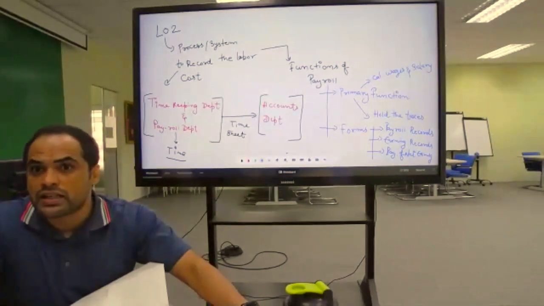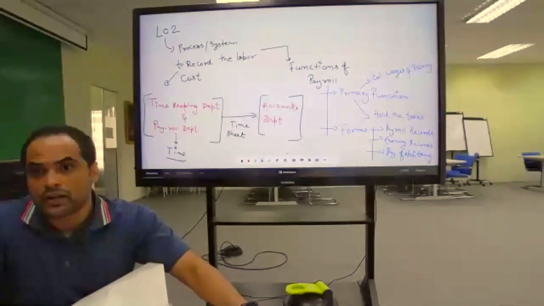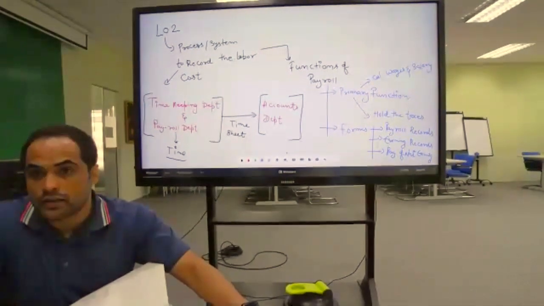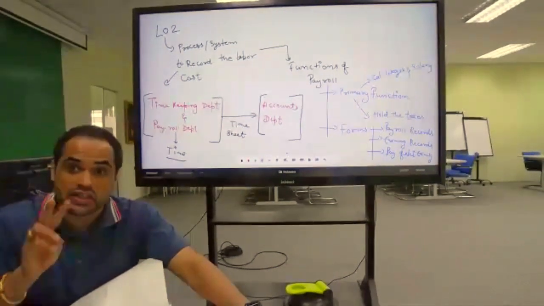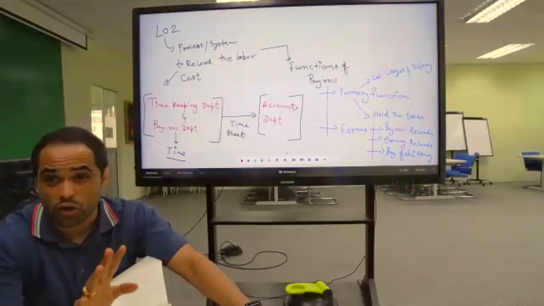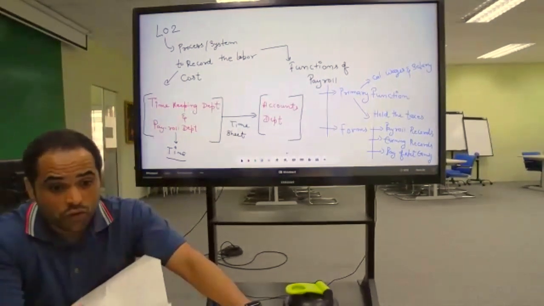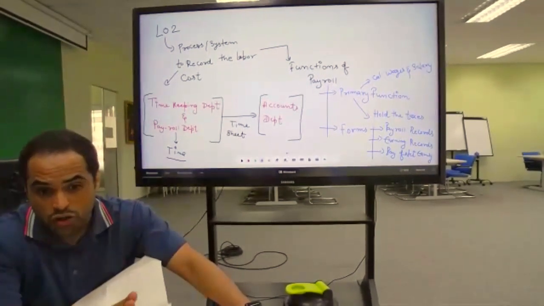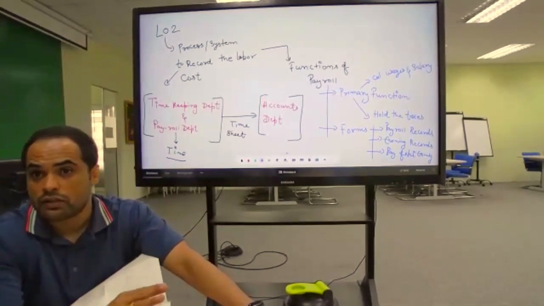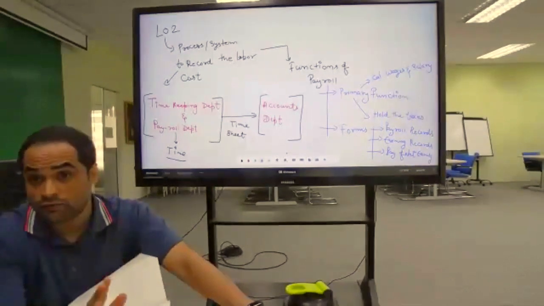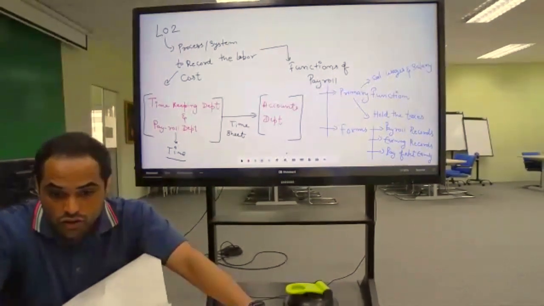Click on meeting 2. Exactly 4 o'clock, I will not wait for you. At 4 o'clock, I will start talking about learning outcome 3. After learning outcome 3, we will finish, if you don't have any questions, and then we can have a break.